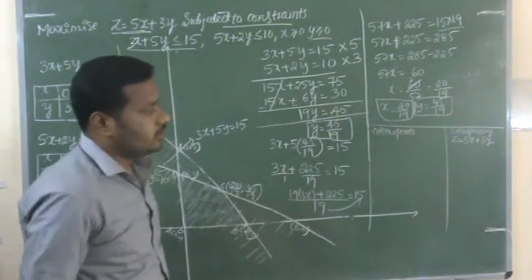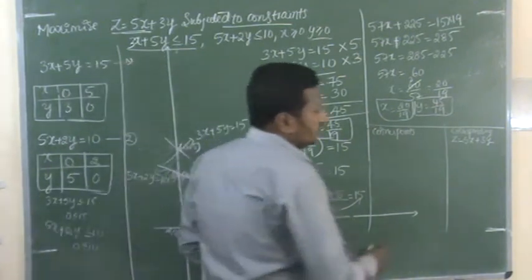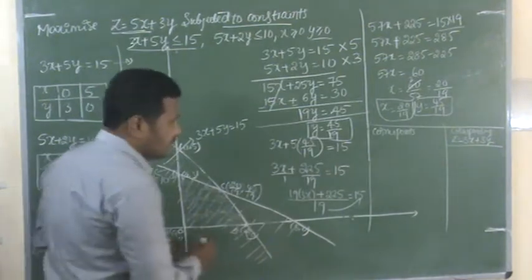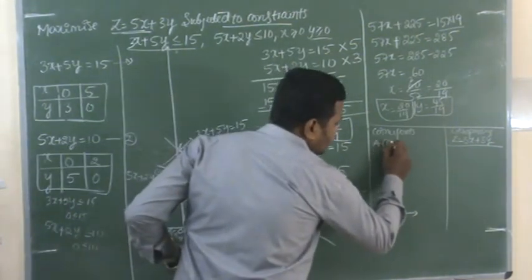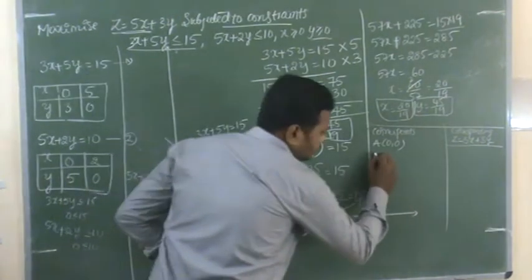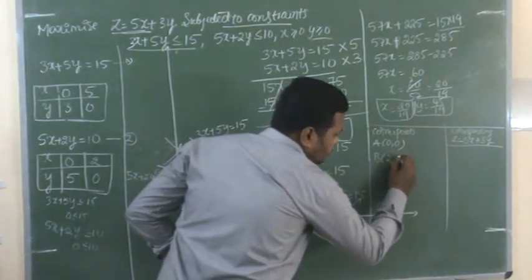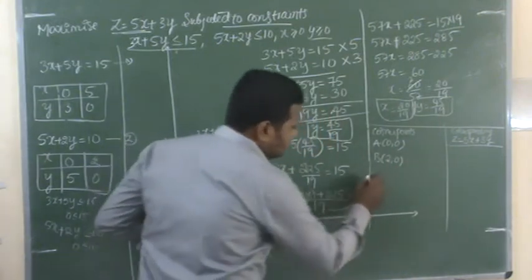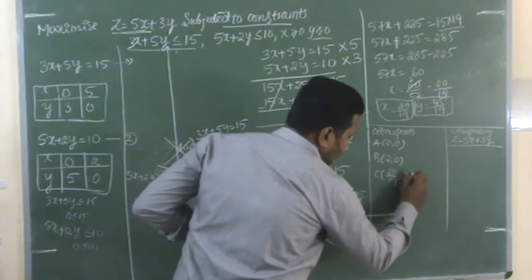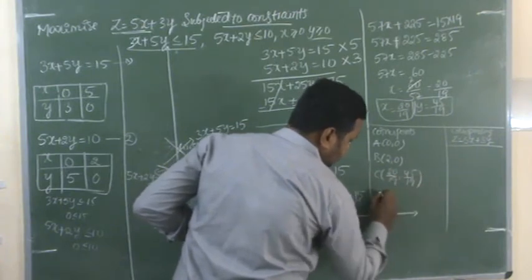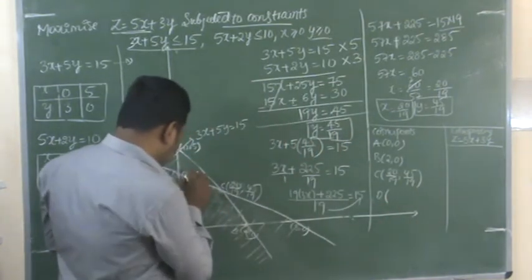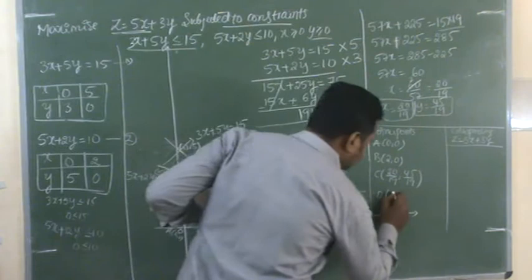What are the corner points here? A is 0, 0, that is the origin, B is 2, 0, C is 20 divided by 19 and 45 divided by 19, and D is 0, 3.